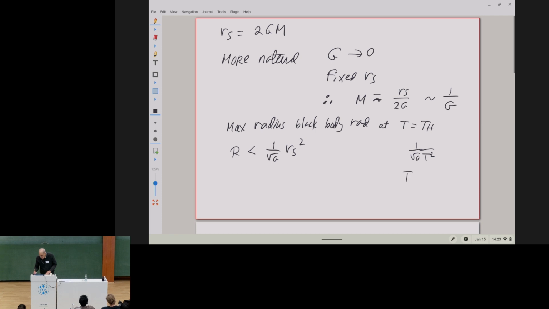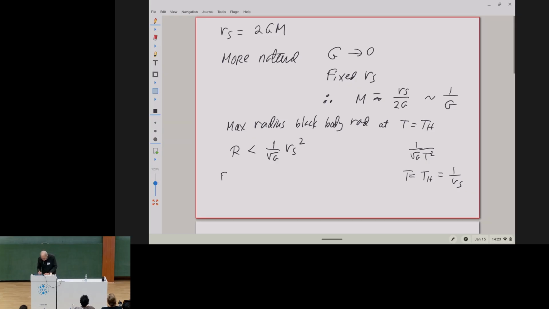But now we want to evaluate this for T equals T Hawking, which is 1 over Rs. So therefore, the upper bound at that temperature on how big a ball of black body radiation can be is 1 over root G times Rs squared. And so, as G goes to 0, that's extremely big compared to the size of the black hole.